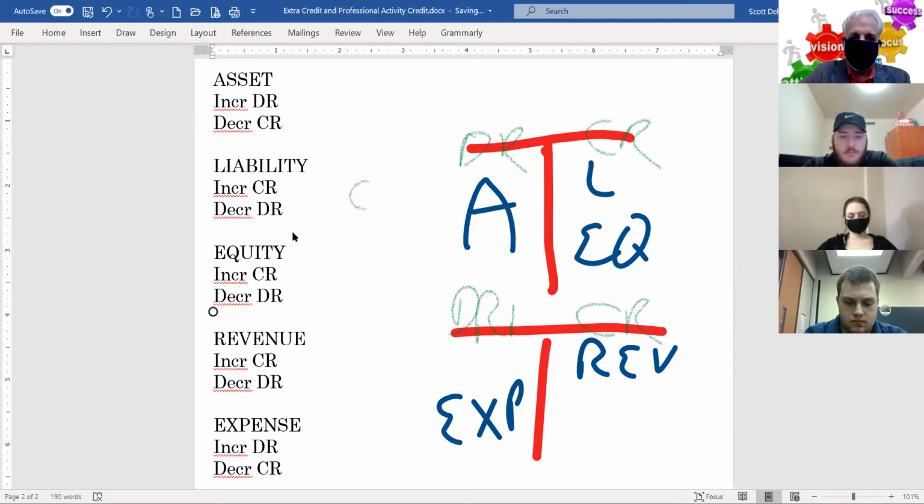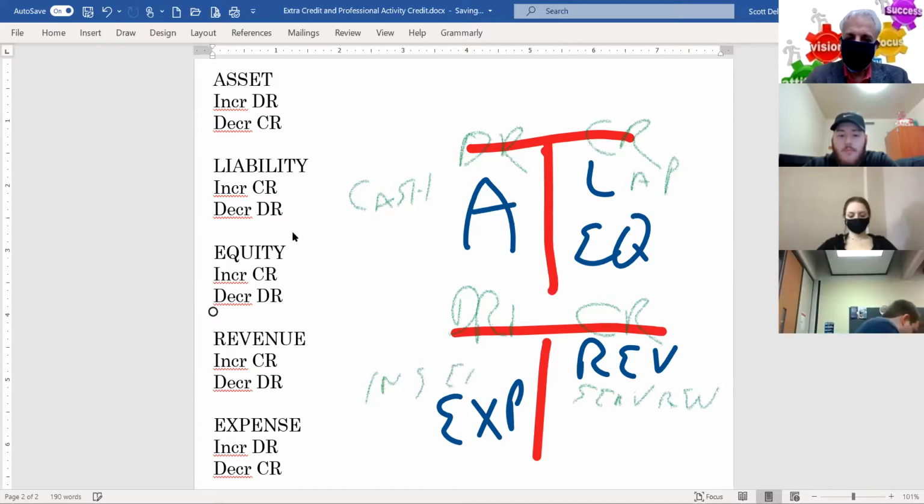So if we look at something like cash, accounts payable, service revenue, maybe insurance or rent expense. When we're making our entries, we're going to debit insurance expense, and we're going to credit cash, which is going to reduce cash.